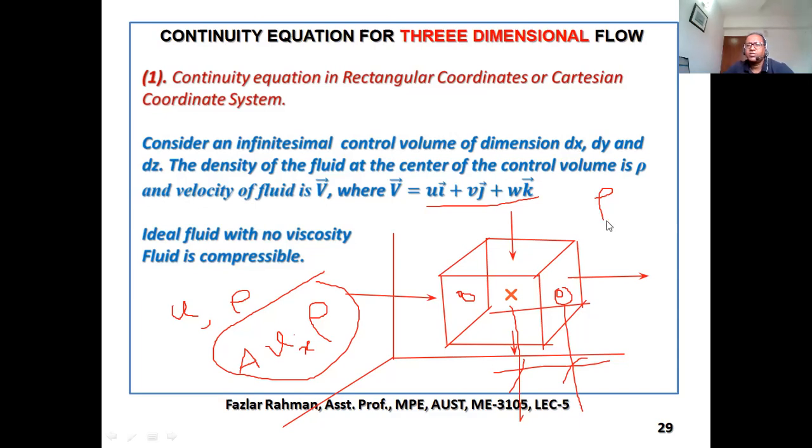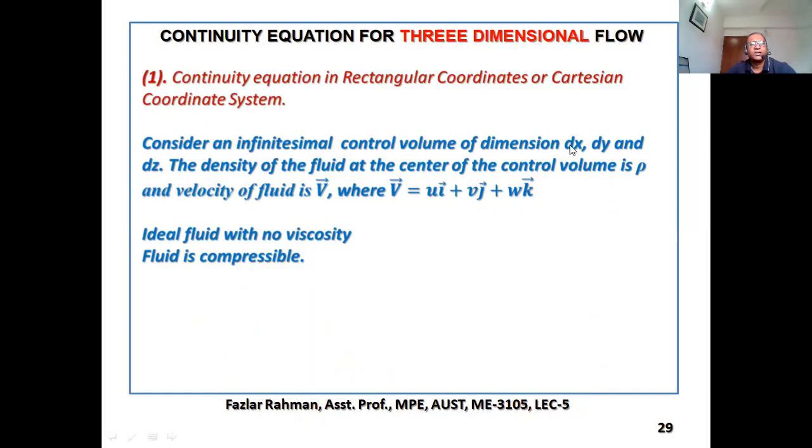We'll figure out the mass deposited inside the control volume due to the flow along the y-axis. Then the net mass from the x-axis, y-axis, and z-axis will be summed together. Then we'll figure out the rate of change of mass inside the control volume, and then we derive the continuity equation.